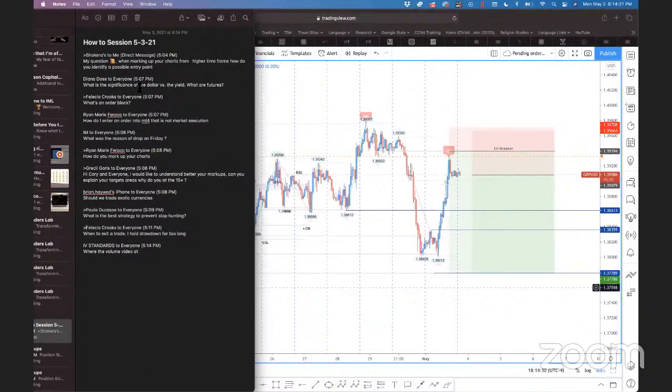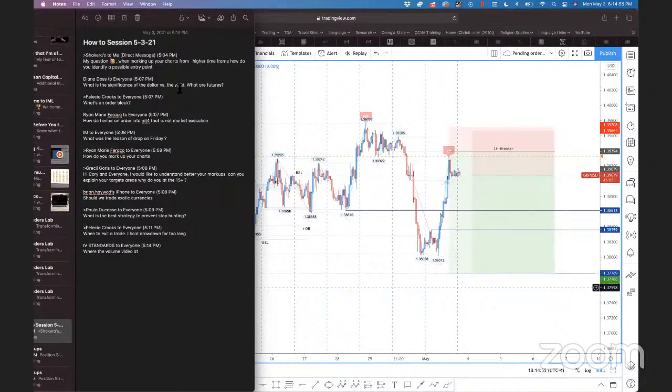What's the significance of the dollar versus the yield? I'm still learning yield myself, but to my knowledge, and I could be explaining this all the way wrong, the dollar and the yield inverse correlate, right?